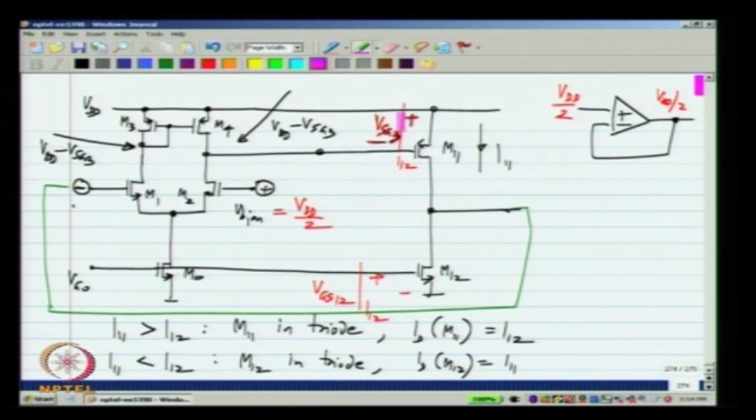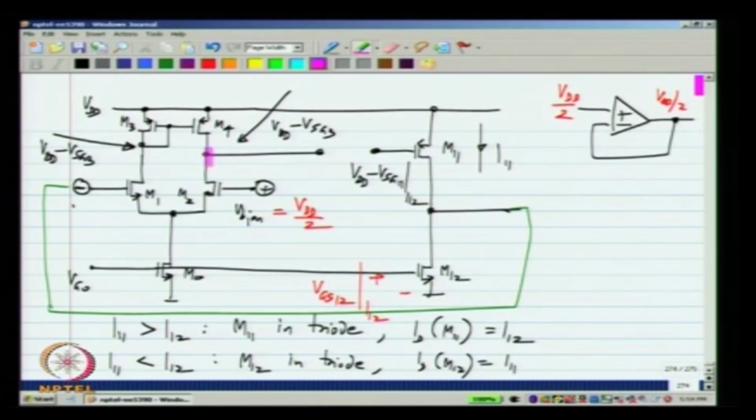Now, we know that in the balanced condition, the differential pair by itself would give you VDD minus VSG3. The voltage required at the gate of M11 would be VDD minus VSD11 for a current of I12, whatever that is. We say that the two currents are the same, of course, and they are both in saturation region.